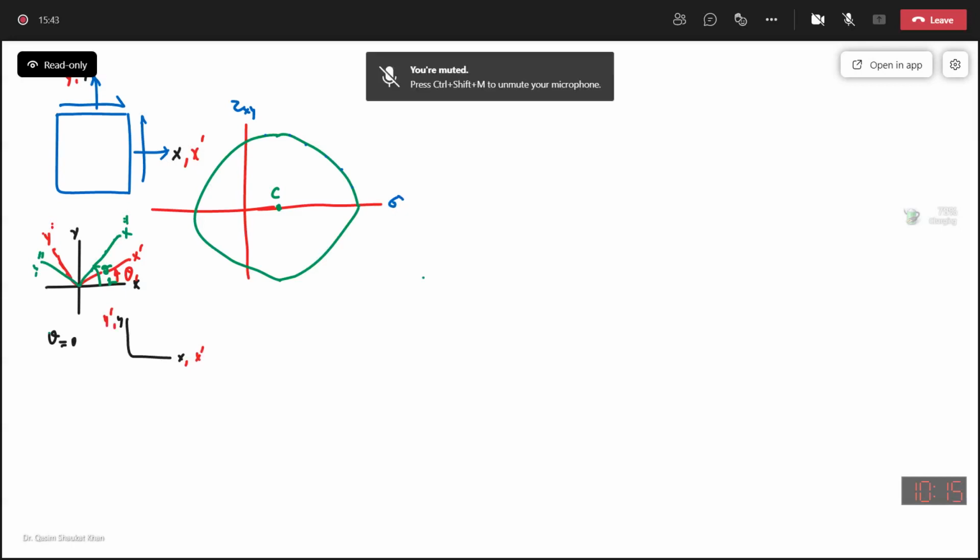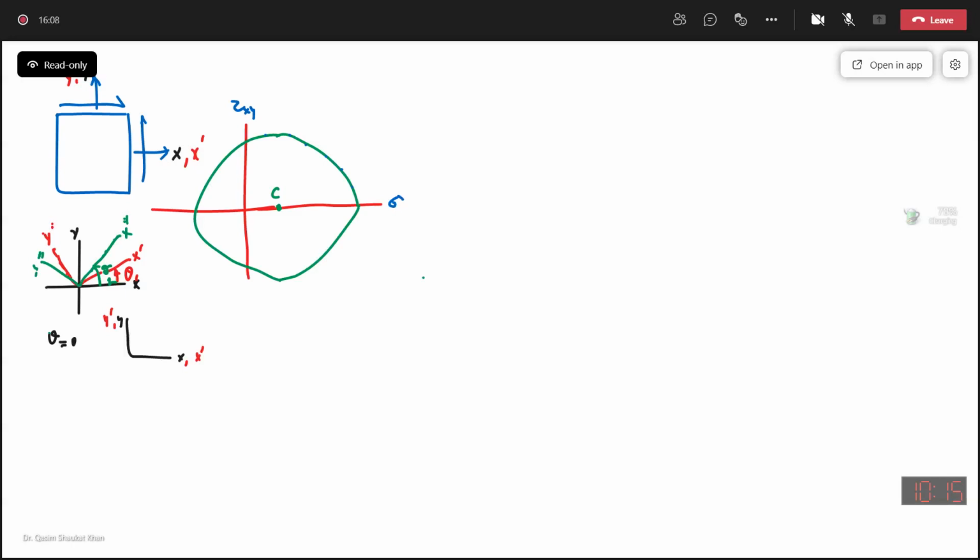So guys, please write this. This is x dash, and our reference is x. When x dash is coincident with x-axis, then theta is 0.